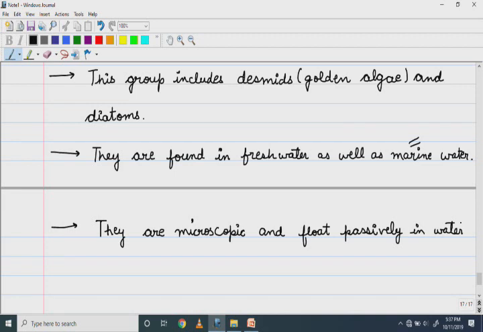When something is floating on the surface of water, it can be either animal material or plant material. If it is animal material, it is called zooplankton. If it is plant material, it is called phytoplankton. Diatoms are the majority portion of all the plankton found in the world oceans. This is called plankton.